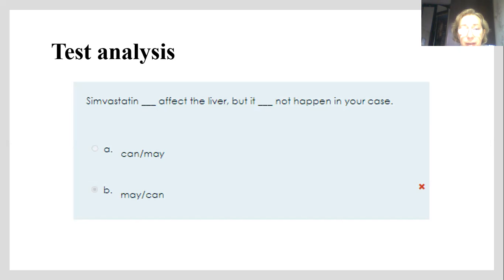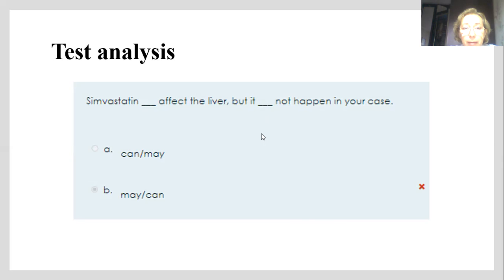Here in the first case, this medication can affect the liver, so the possibility is not very strong. That is why it's better to use can in the first part of the sentence, and then we say it may not happen in your case. We are sure that it will not happen. That is why it's better to use may in the second part of the sentence.